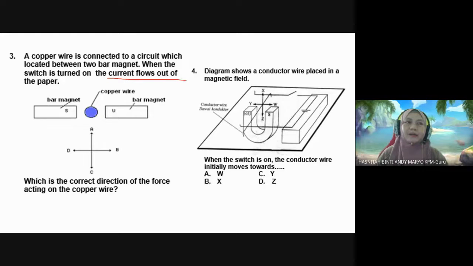So this is the symbol, current flowing out. Again, your middle finger points out, pointing to you, and your index finger points to the south. So where will the copper wire move to? Upward or downward? For number 3.